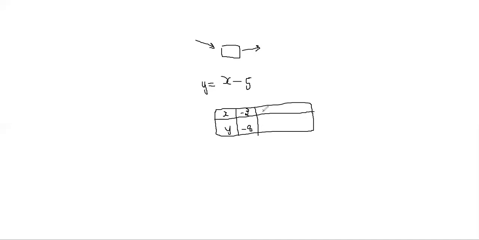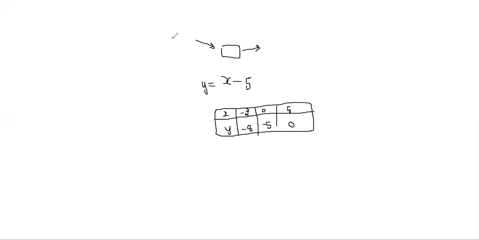Then they tell you when x is 0, y is -5. When x is 5, y is 0. So from this, you have to establish what rule they used. What is the relationship between x and y?